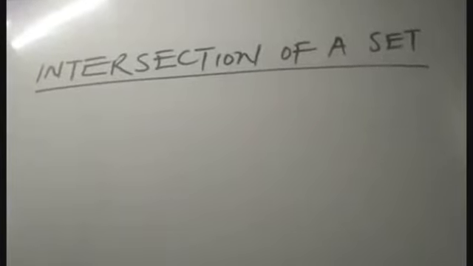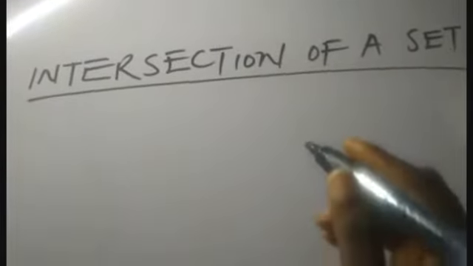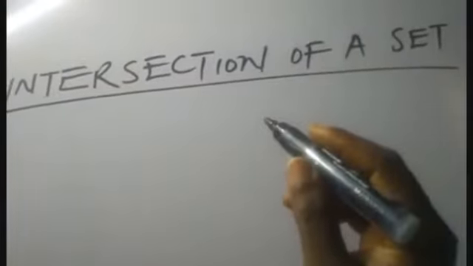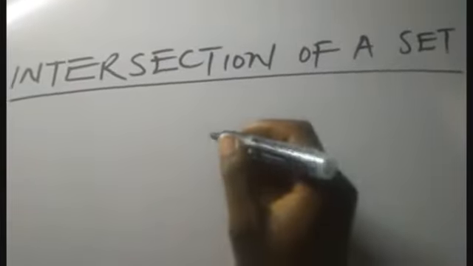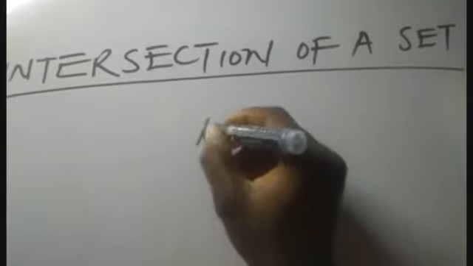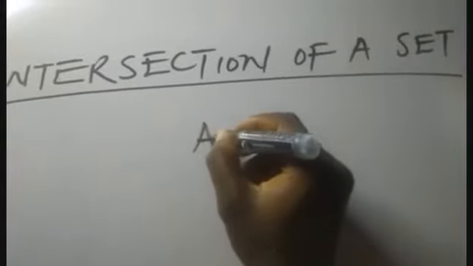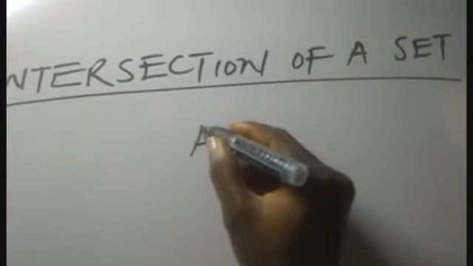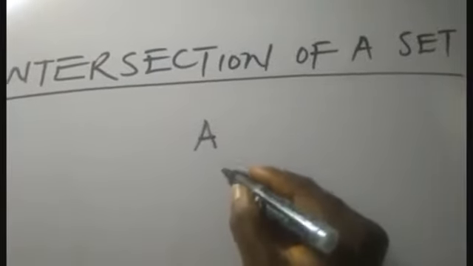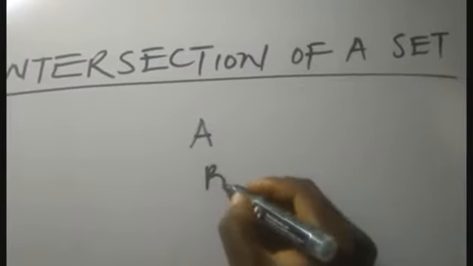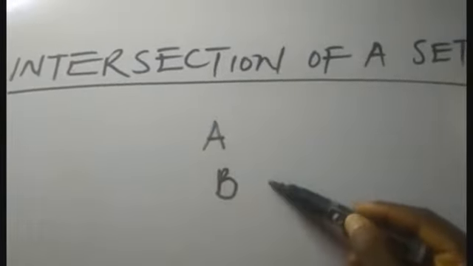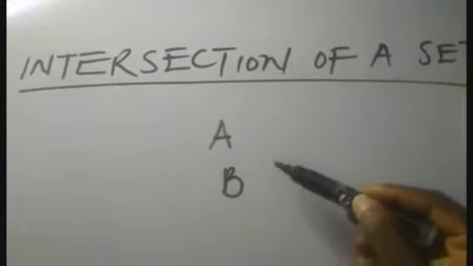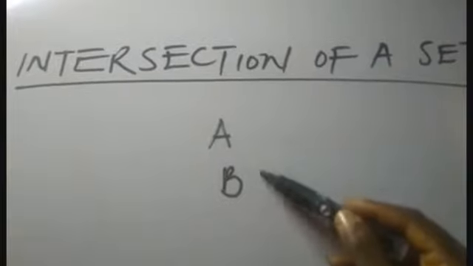Intersection of a set is what you can find in common between two or more sets. Now, if you have a subset A and a subset B, intersection of A and B is what you can find in common between these two sets.